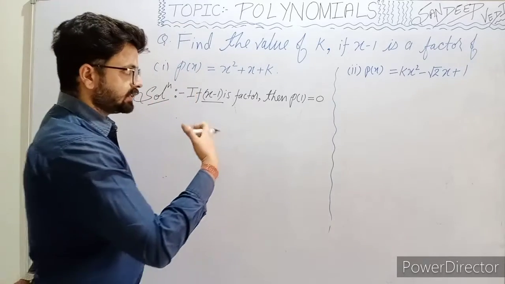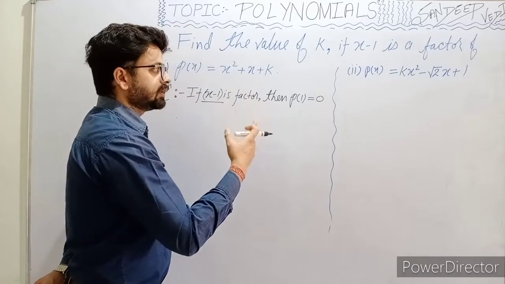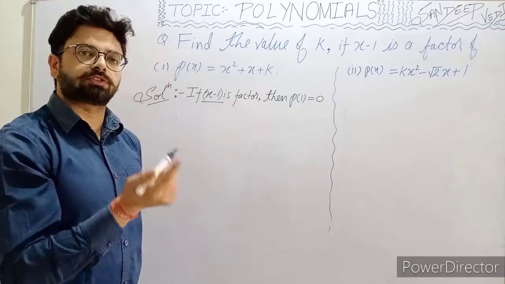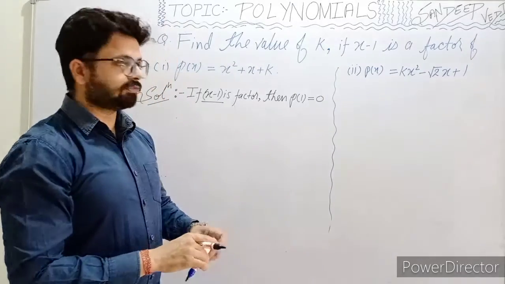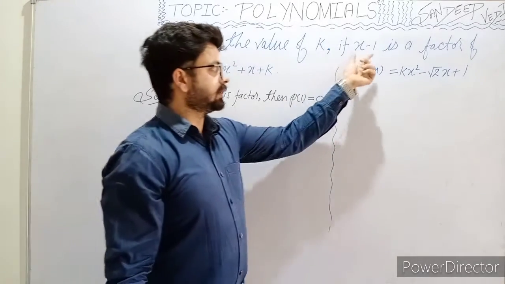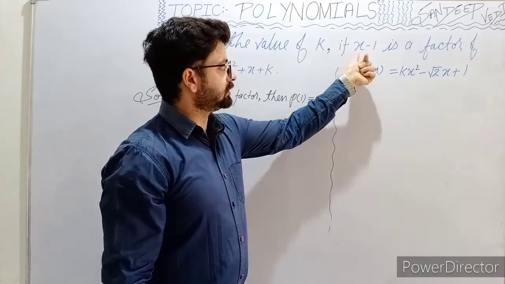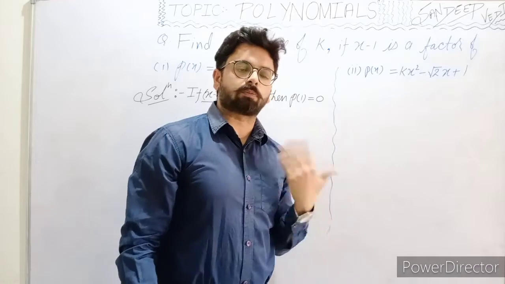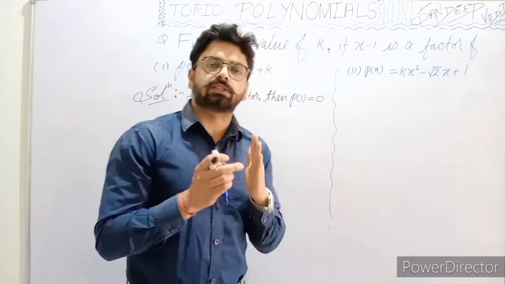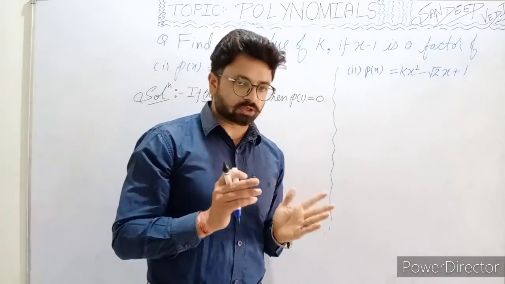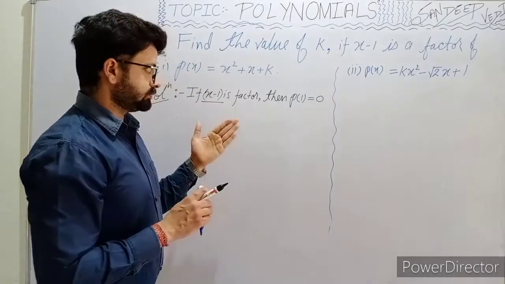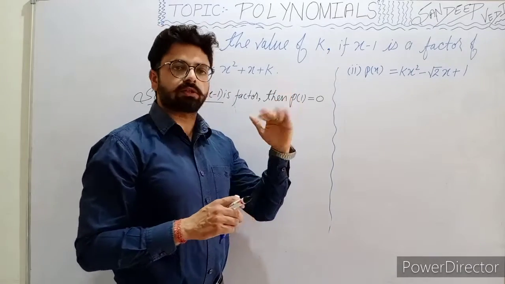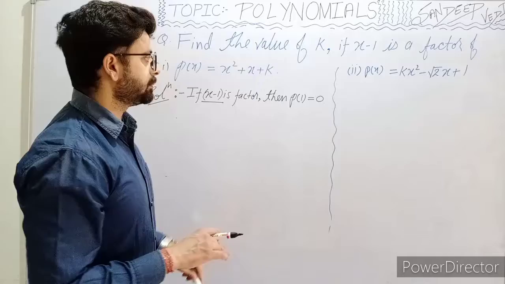Or we can say at this value of k, this polynomial becomes 0, because in the zeros manner, x equal to 1 is the zero of this polynomial, and at the zero the polynomial becomes 0. So you can consider it in both manners. It's your choice. Either you solve by the remainder theorem or you solve by the zero of the polynomial method.